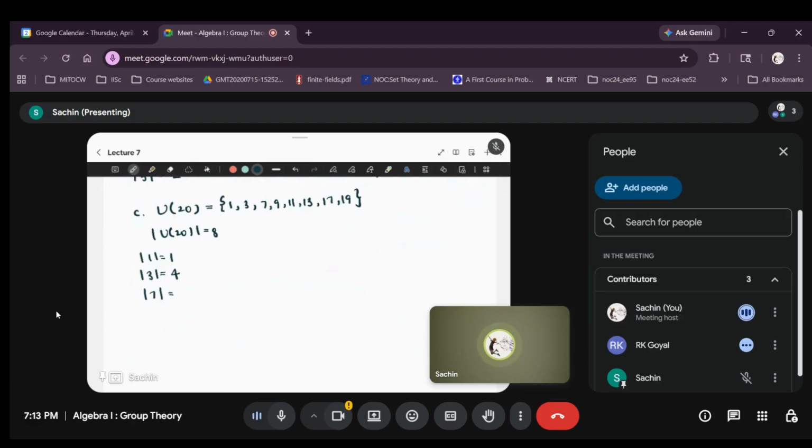It's modulo 20. So then 7 cube is 9 into 7, so 63, which is 3 in mod 20. And 7 power 4 is 3 into 7, which is 21, which is 1 in mod 20.